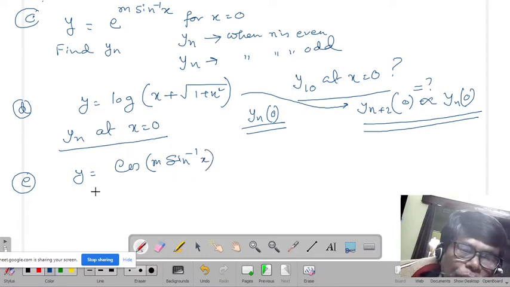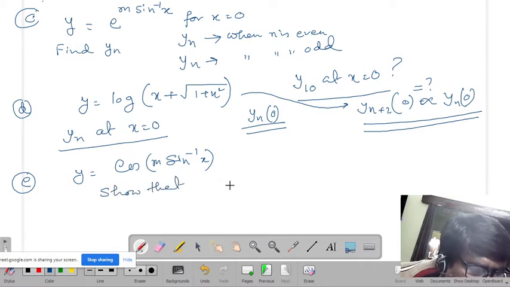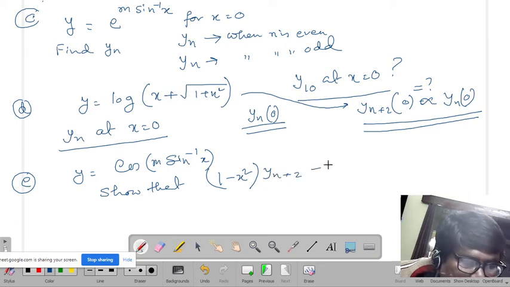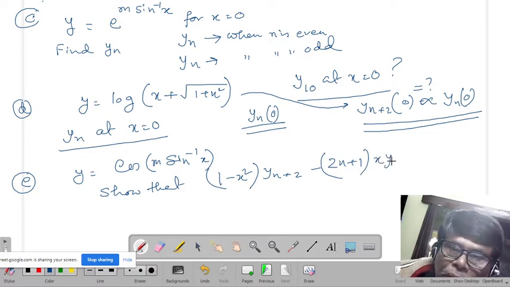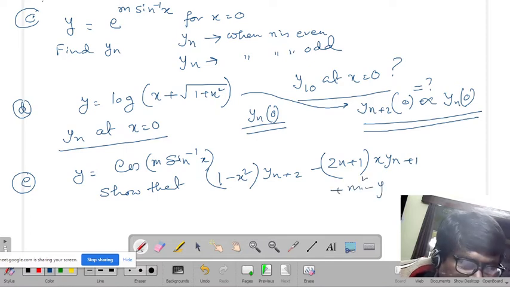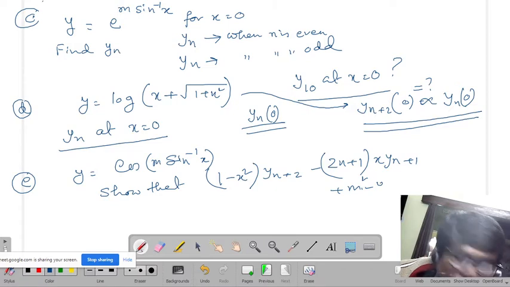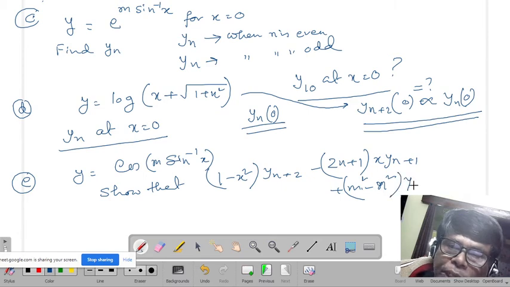Then you have to prove the typical type of sum: 1 minus x square yn plus 2 minus 2n plus 1 into x yn plus 1 plus m square minus n square yn equals to 0.